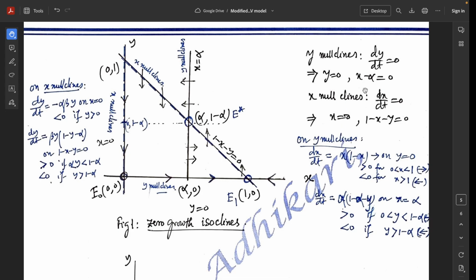And for the other null line, x minus alpha equals 0, dy dt is 0. So the vertical component of motion is 0. So we find the horizontal component dx dt on this null line by putting x equals alpha. So this horizontal component dx is positive when 0 is less than y less than 1 minus alpha, because then this quantity is positive.